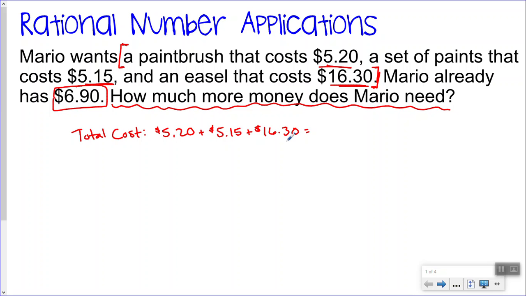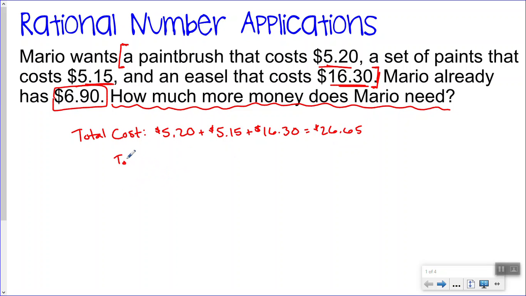So if we add all that up, we're going to figure out how much money he's going to need altogether. So we take those three numbers, we combine them, and we're going to end up with $26.65.